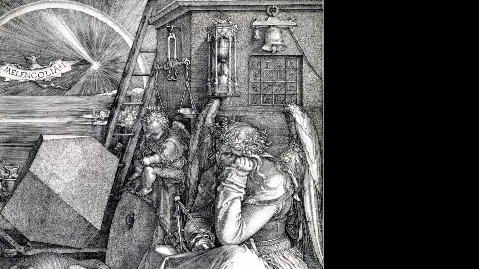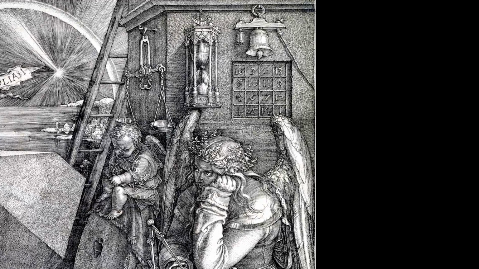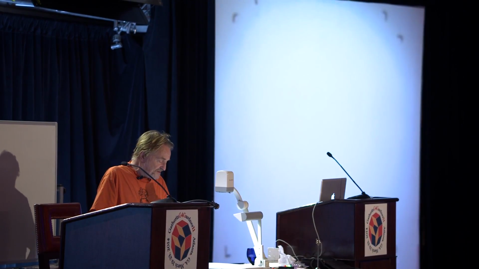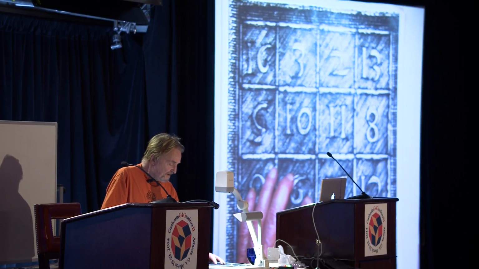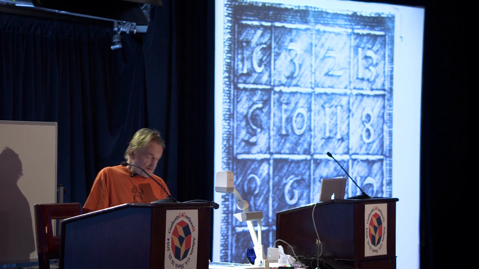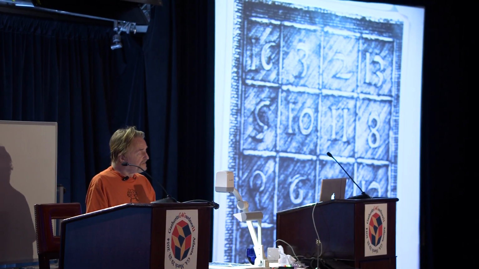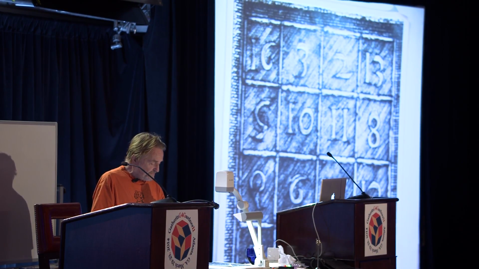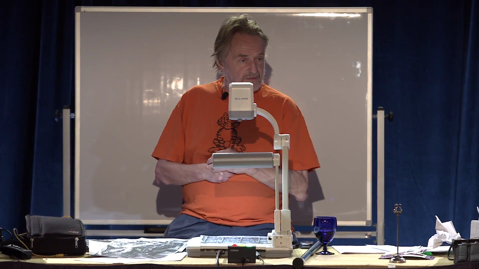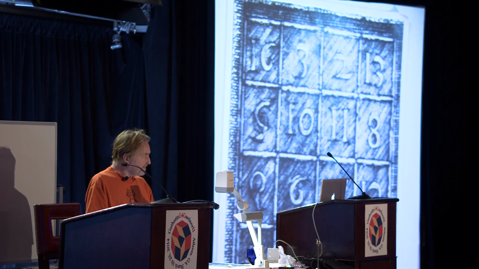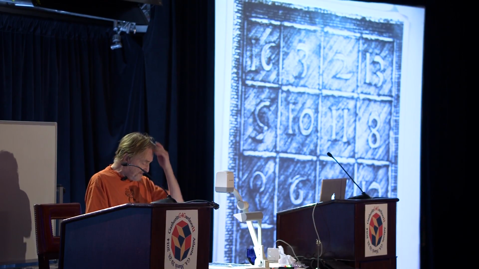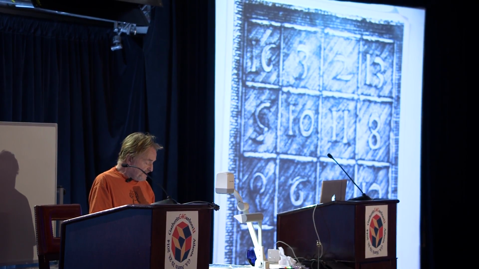By the way, I should thank Siobhan Roberts for many things, but one little one is producing these copies of the engraving. So this engraving was produced in 1514, and those two numbers are the two numbers in the middle of the bottom row, and they're outlined in some way so that it's clearer on the original engraving than it is here, so that you can tell the date this was produced.